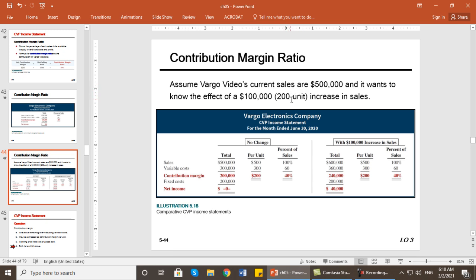So when we add or increase sales by 200 units times 200 contribution margin per unit, net income will be 40,000. We can calculate 40,000 in another way. As you see, contribution margin per unit 200 times the increase after the break-even point 200, so the net income will be 40,000.